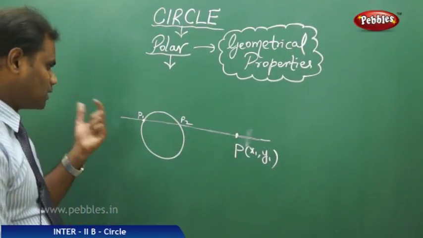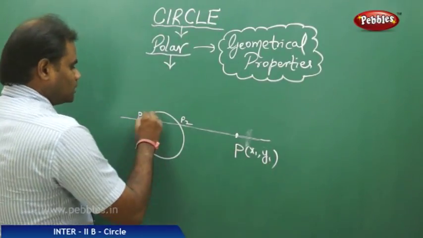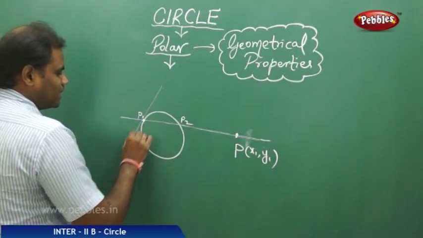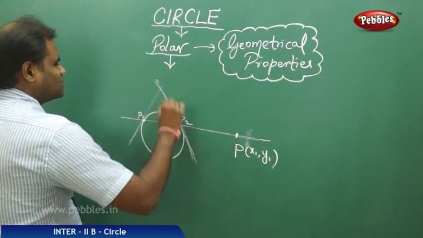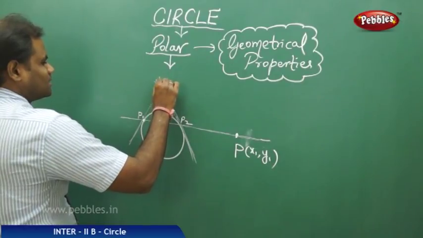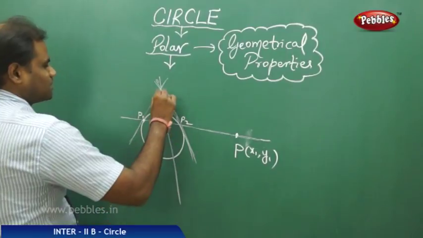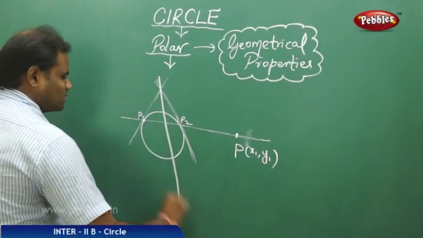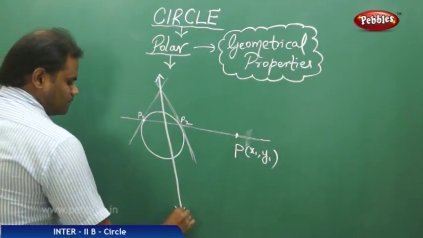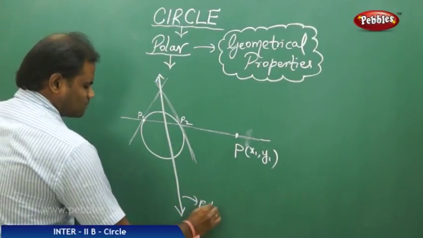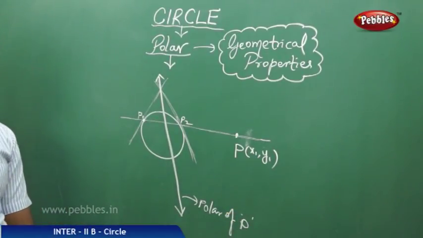So P1 and P2 are the corresponding points for pole P(x1, y1). Here I get the chord of contact when I intersect these two, and I get the locus of tangents which intersect here. That is, I get this, which is the polar of P.